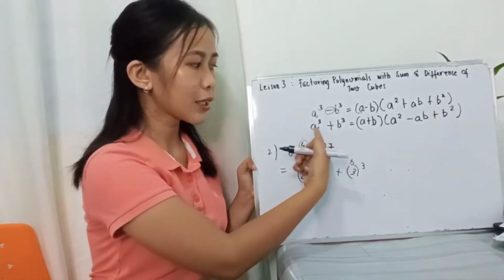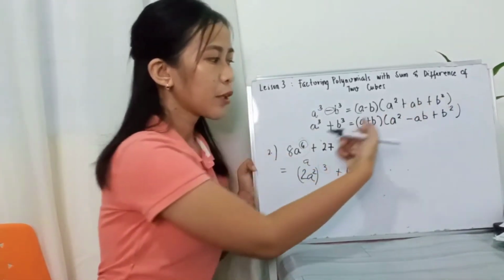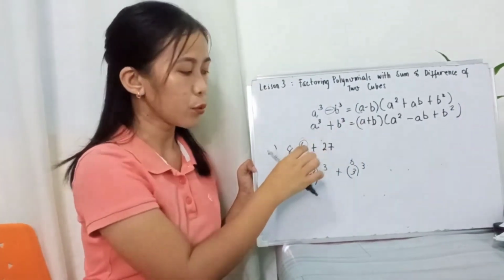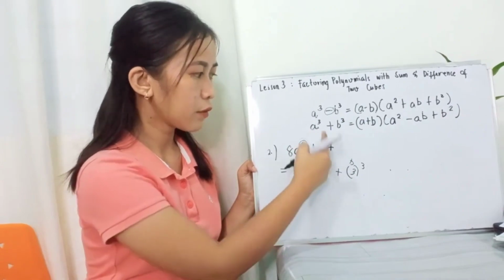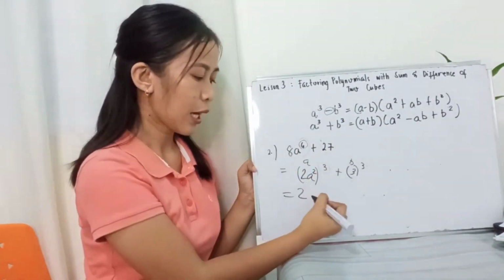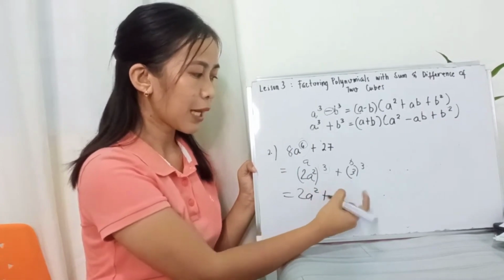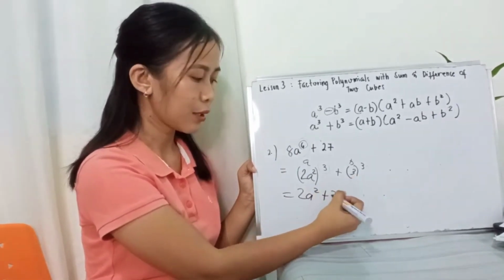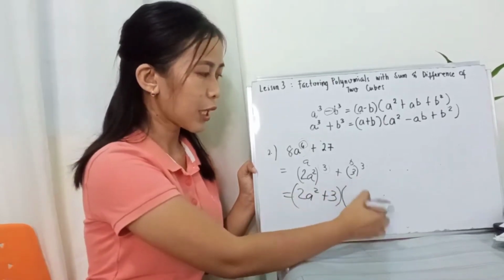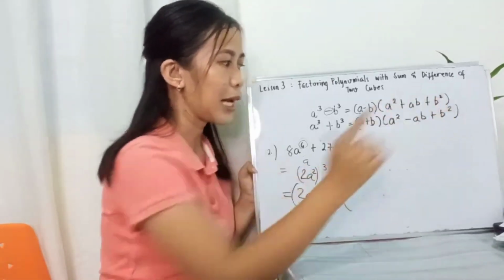And then, ilagay lang natin ito dito sa ating factored form ng sum of two cubes. Ito. And then, we have A plus B. So, ang ating A is 2A squared. Add lang natin. Plus, ano ba ang ating B? That is 3. Ayan. Ito na yung first factor. Yung second factor natin is, of course, itong trinomial. Diba?